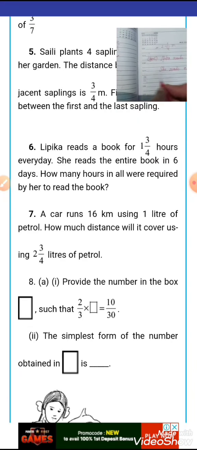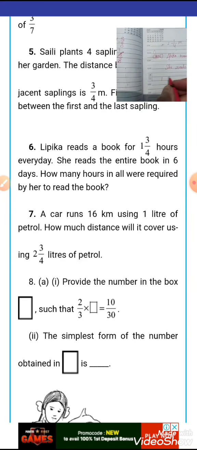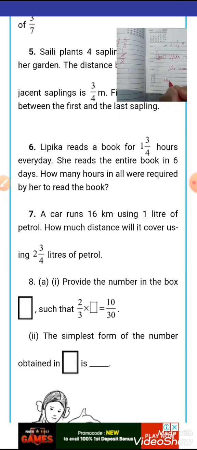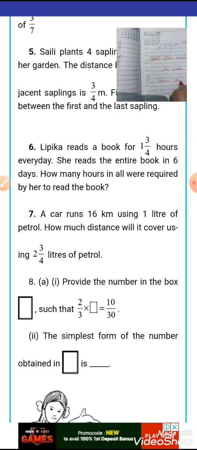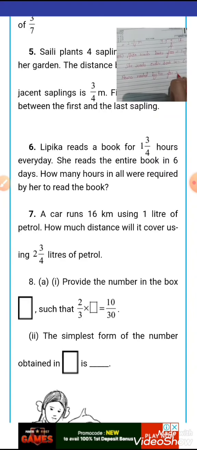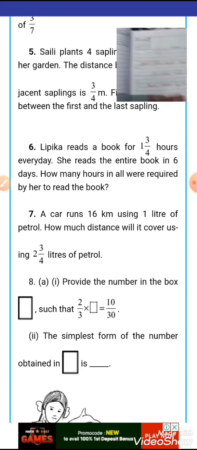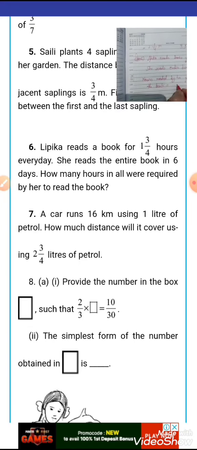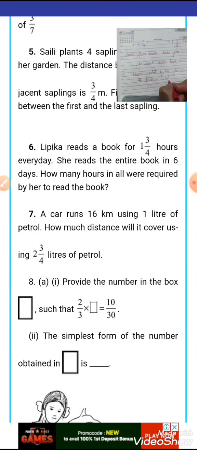So hours needed by her to read the book is equal to 1 whole 3 upon 4 multiplied by 6.